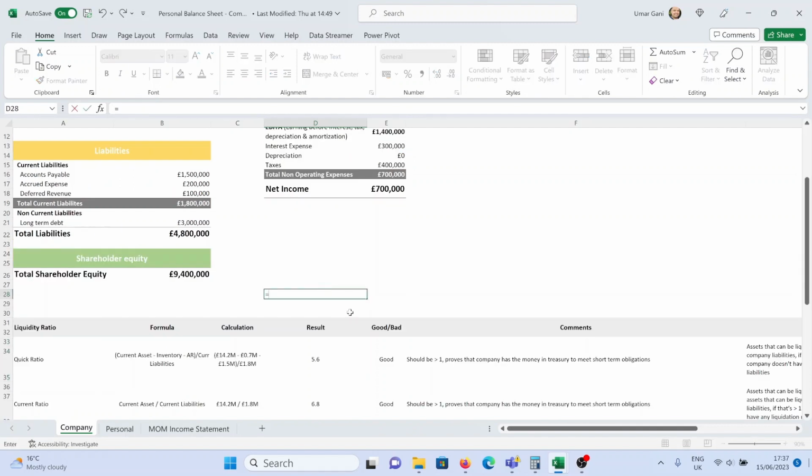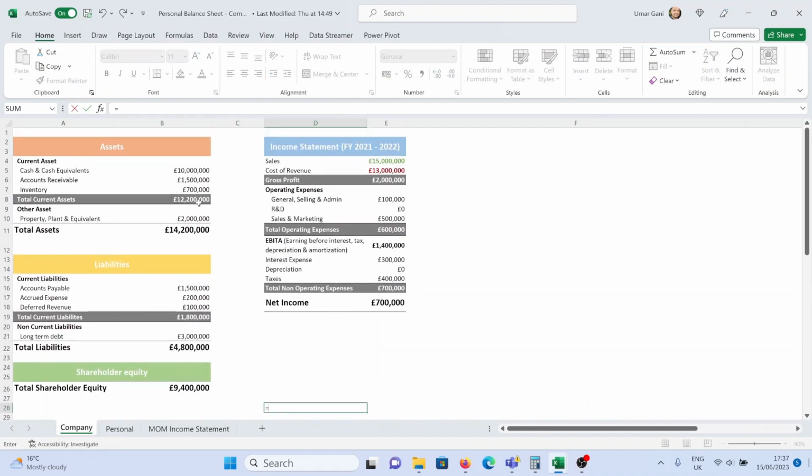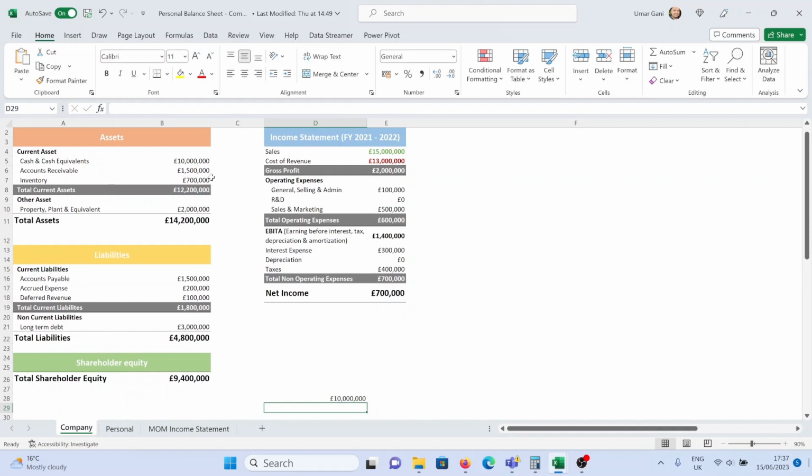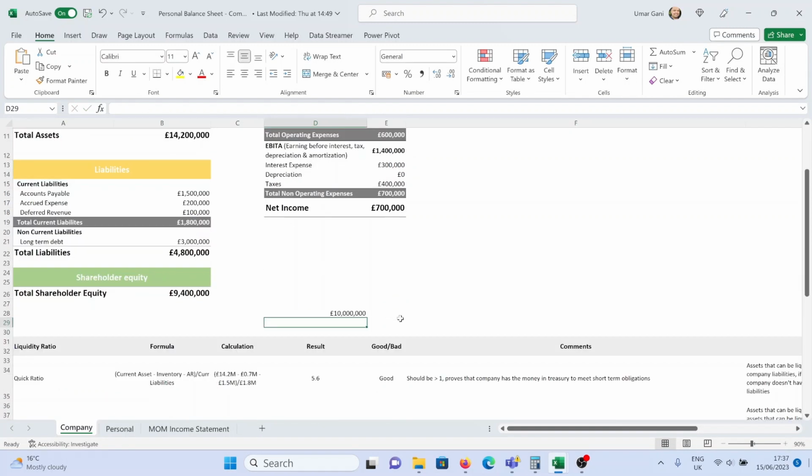Yes, let's do that. B8 minus B7 minus B6 is 10 million. That 10 million divided by current liabilities, which is this one. When we do that, it comes to 5.5, 10 million divided by 1.8 million. With rounding off, it is 5.6.